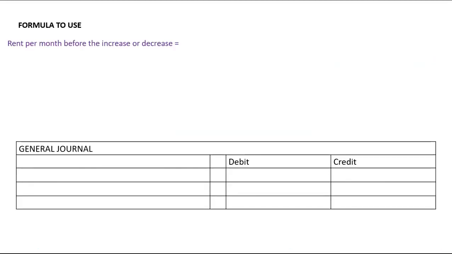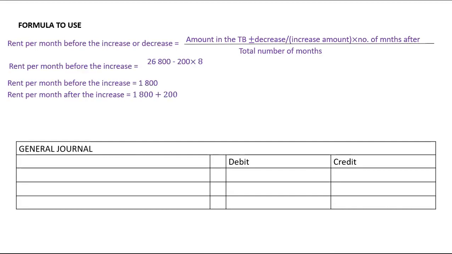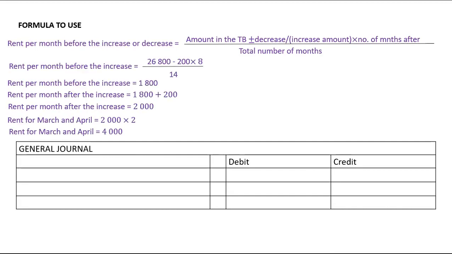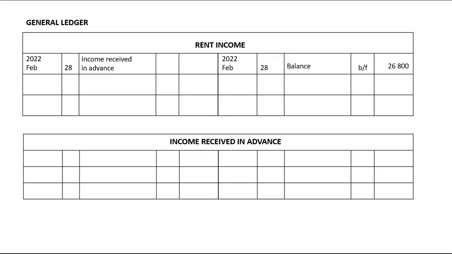By debiting rent income and crediting our income received in advance, which is a current liability. Rent will be decreased by the extra 2 months over which we received it, so that our actual rent income will be 22,800, and that 3,000 times 2 will be income received in advance.